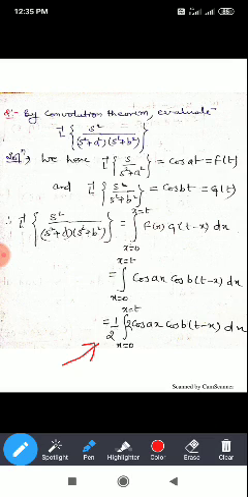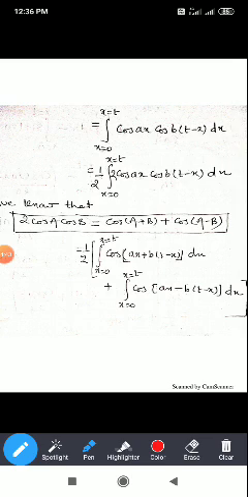In this step, we multiply by 2 in numerator and denominator and apply the trigonometric formula for 2 cos A cos B. So this term can be written as 1 by 2 times the integral from 0 to t of cos(ax plus b(t minus x)) dx plus the integral from x equals 0 to t of cos(ax minus b(t minus x)) dx.